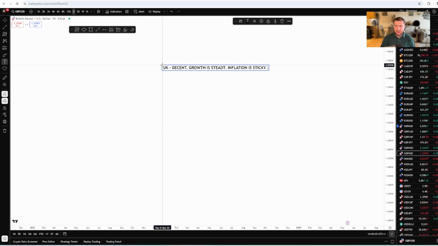Central bank is hawkish, and risk sentiment is decent. Commodities is kind of stable, but commodities doesn't really affect GBP anyway. So in that environment, you'd probably rather be long GBP.